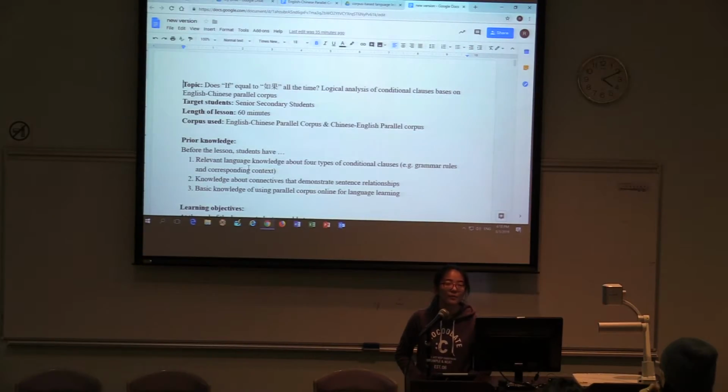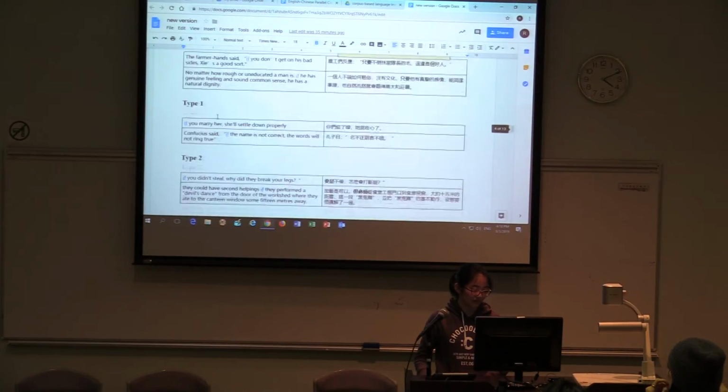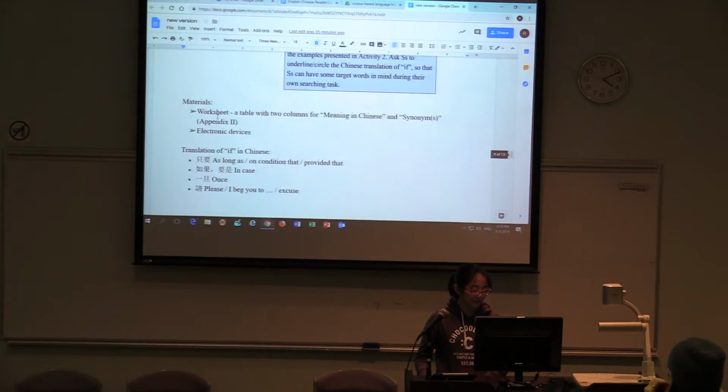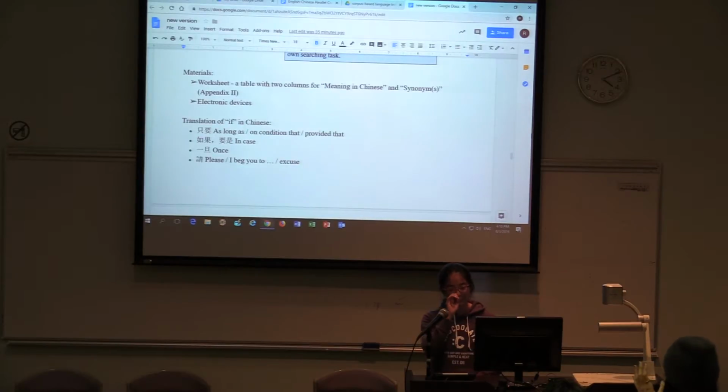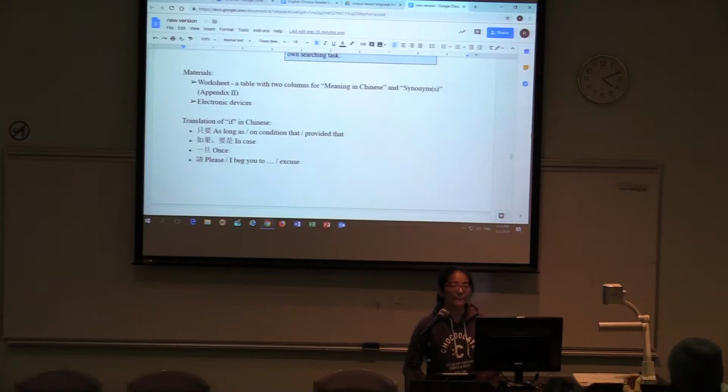Because you have an objective to let students replace the if by using the synonym. Yeah, synonyms. Yes, but I think because of some grammar issues, not all the conditional words can replace if.